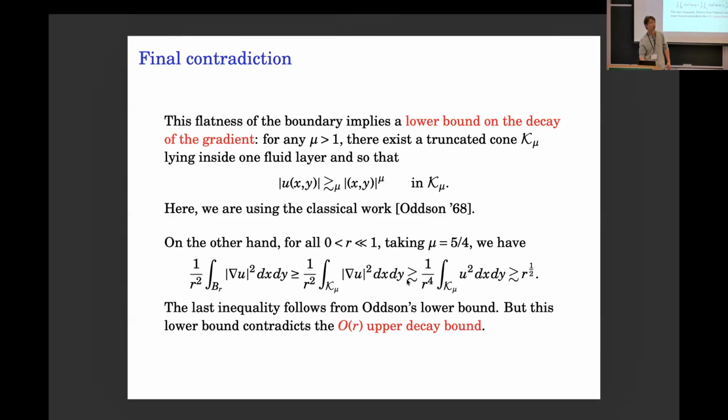There is a Poincaré type inequality involved because you have stagnation, gradient u equals 0. You plug in the Poincaré, and you get something like r to the 1/2, by direct calculation. So this average quantity is greater than r to the 1/2. But meanwhile, if you remember, which is hard, I know, this quantity decays like r. So that's an immediate contradiction.